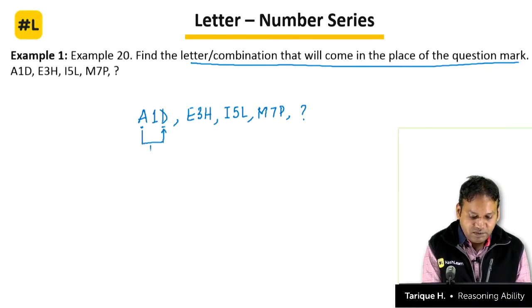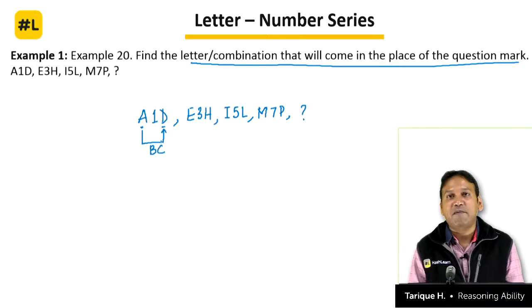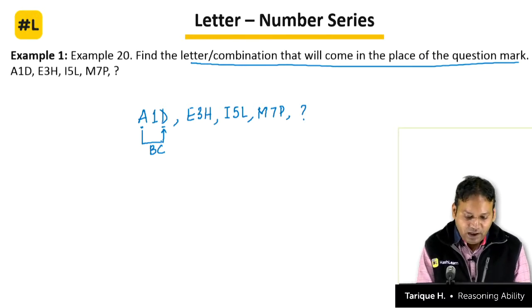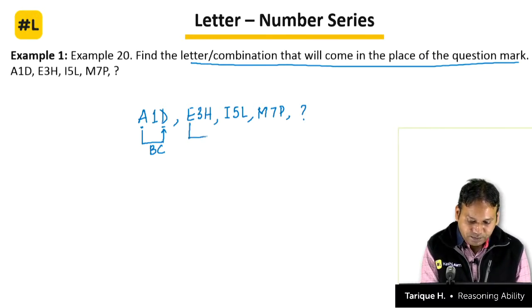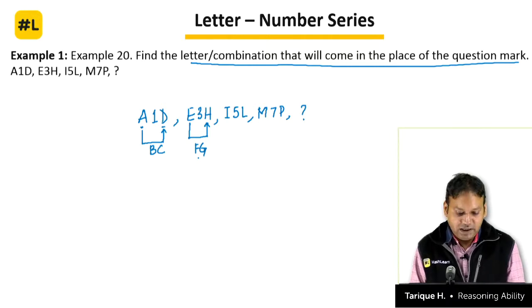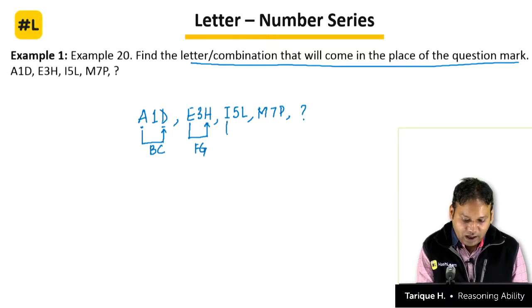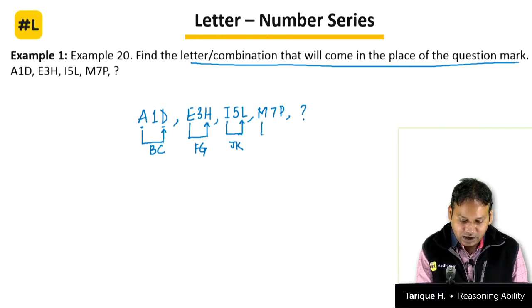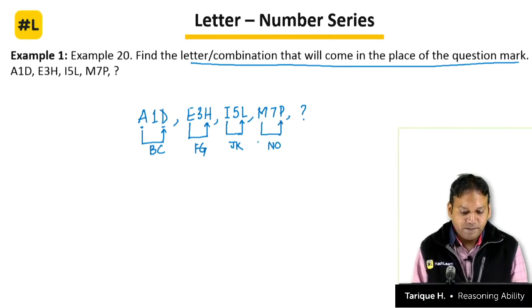A, B, C. So we are moving 2 letters forward and then we go to D. The same thing can be seen in E and H: E, F, G, H. Then I and L, again a gap of 2 letters, J and K: I, J, K, L. And M and P, again a gap of 2 letters, N, O. So that's the common logic here.